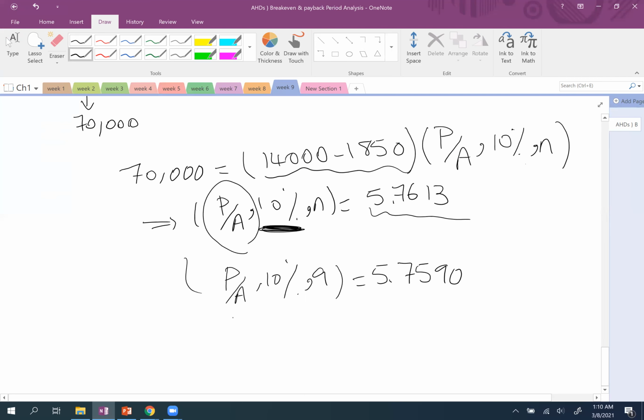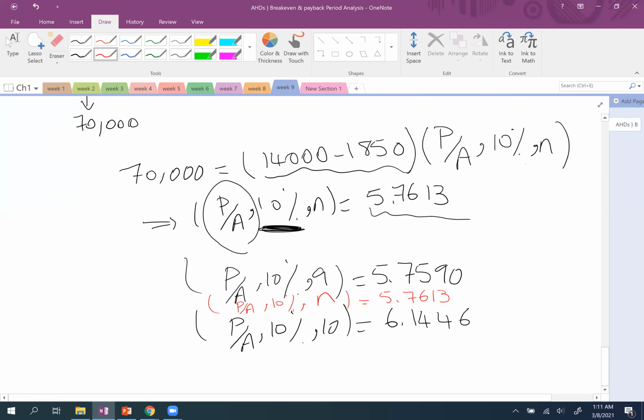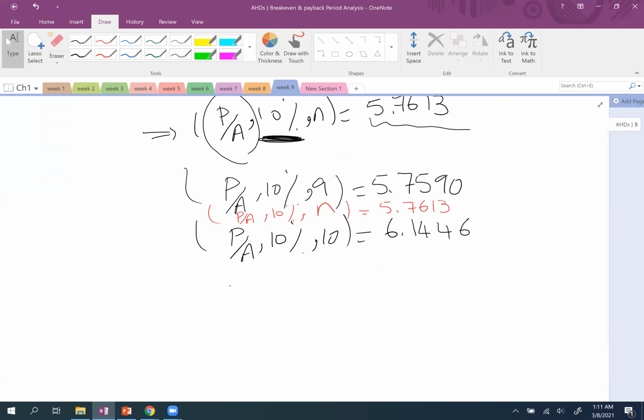P given A, 10% and 10 is equal to 6.1446. But the value that you are looking for, P given A, 10% and N, is equal to 5.7613. If you do the interpolation, you will be able to determine the value of N, which is 9.05 years.